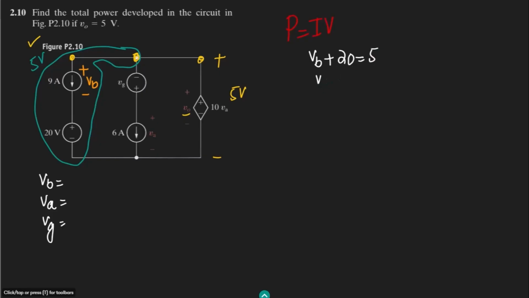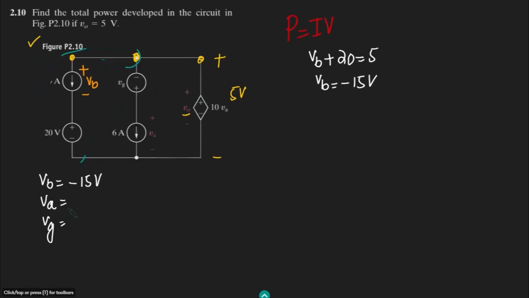Therefore VB is equal to minus 15 volts. So the answer for VB is minus 15 volts, and that is known now.